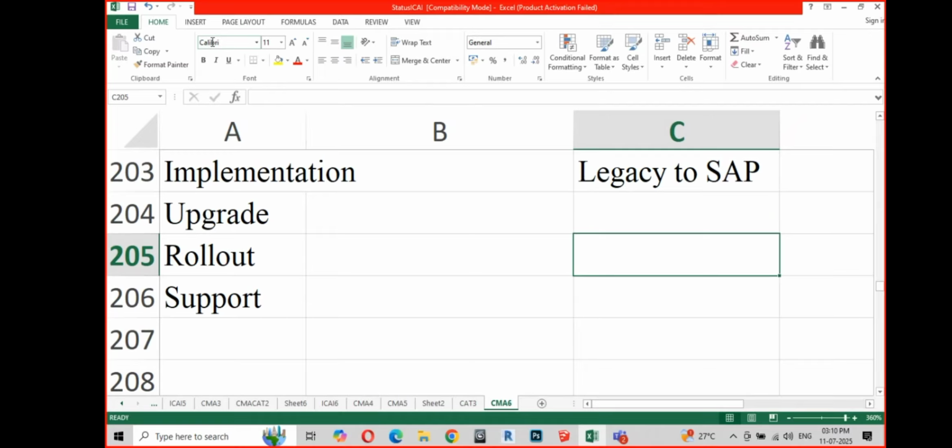What happens to Messrs ABC Limited if one of the users, one of the employees, is not able to enter a transaction, or there is some error while the end users were making some entries? Will they be in a position to resolve those errors? Because you cannot expect them to know SAP. They are trained on SAP, no doubt, but are they capable enough to resolve any errors in SAP?